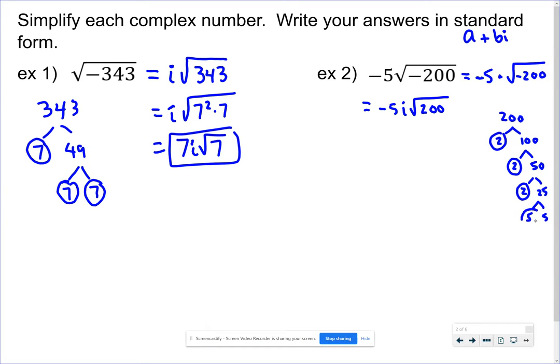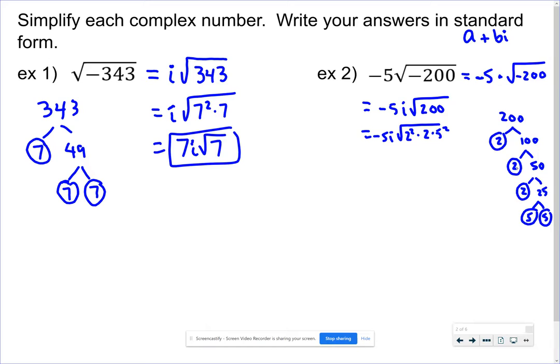We've got negative 5i times the square root of, we'll write that 200 as, so there's a pair of 2's right there. We have an extra 2 that is not part of a pair. And then we have a 5 squared.